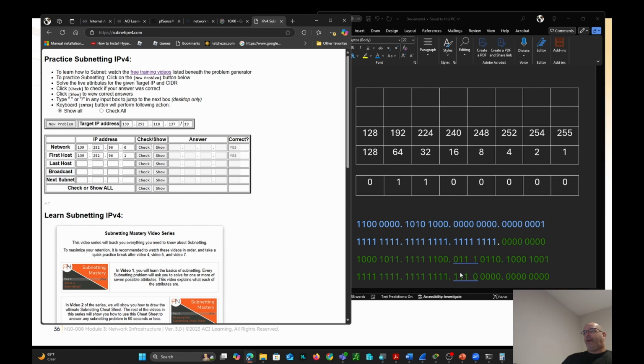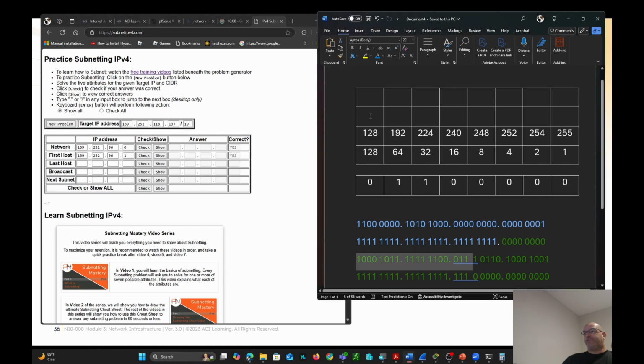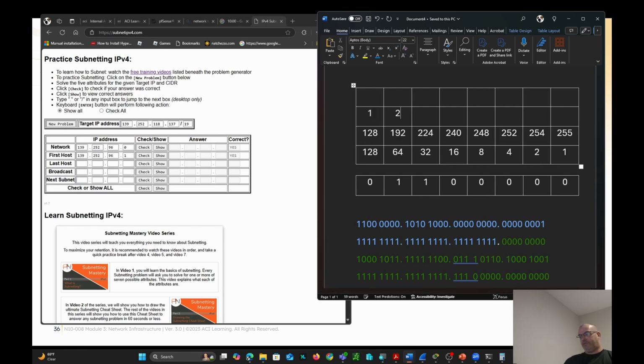So we have 3 bits right here that are part of the network. I come up here and count over 3. This is where this third row comes in. I just go 1, 2, 3, 4, 5, 6, 7, 8. And honestly, you don't really need this row.